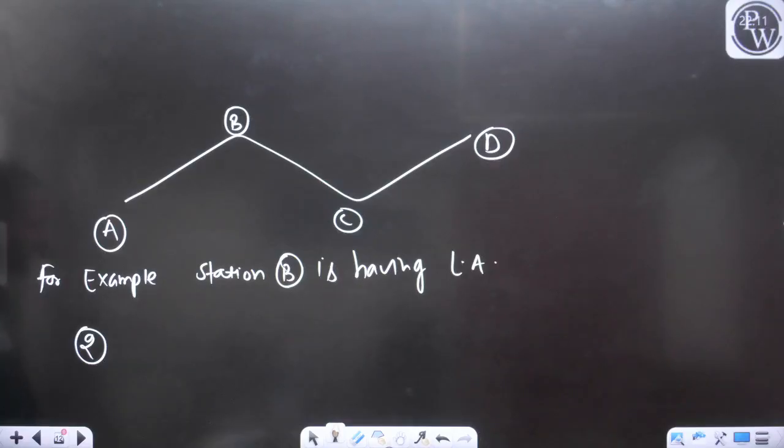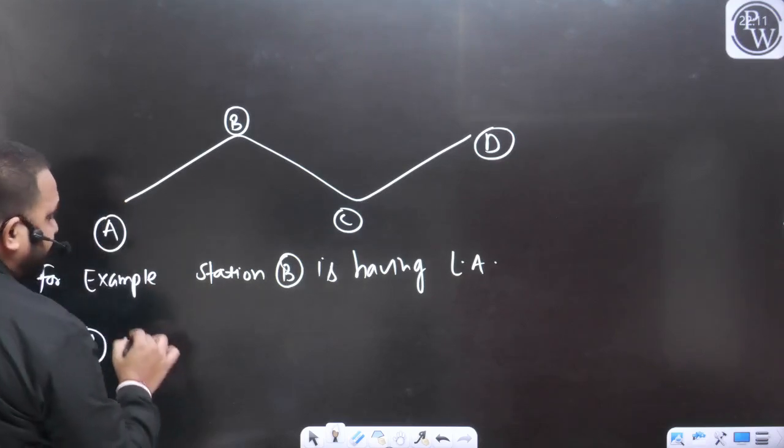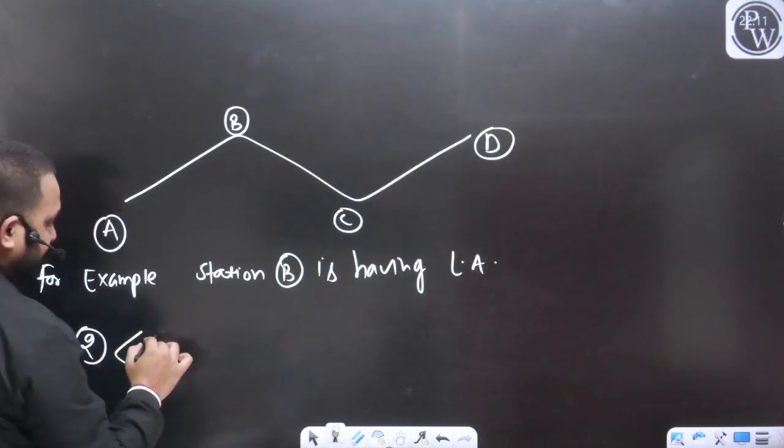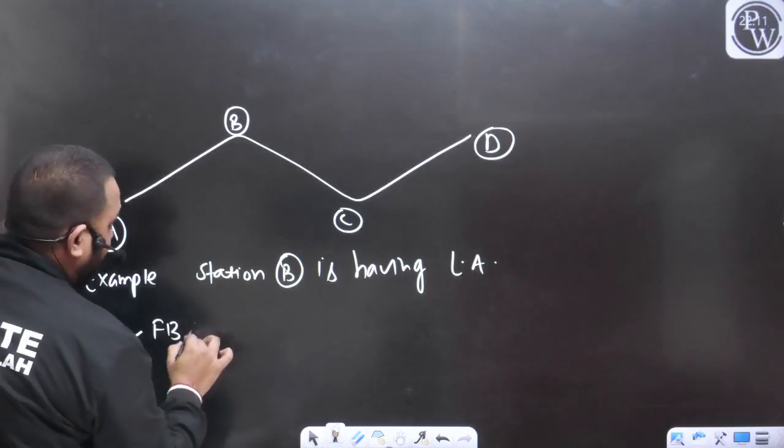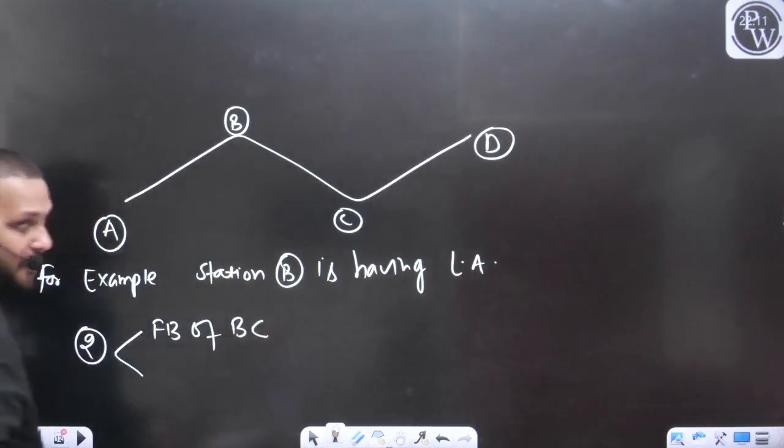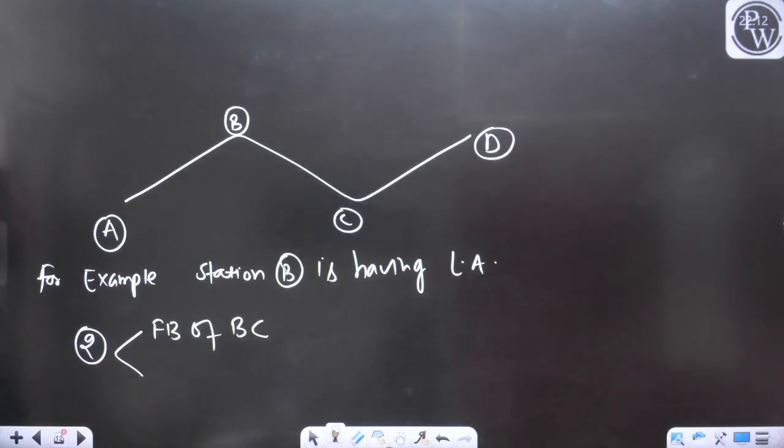What are those readings? From station B, we will measure the fore bearing of the line BC. Yes or no?